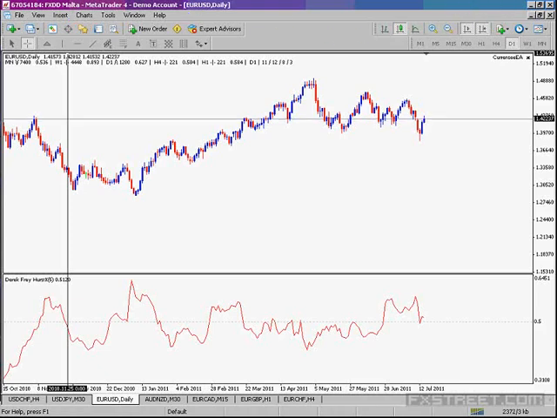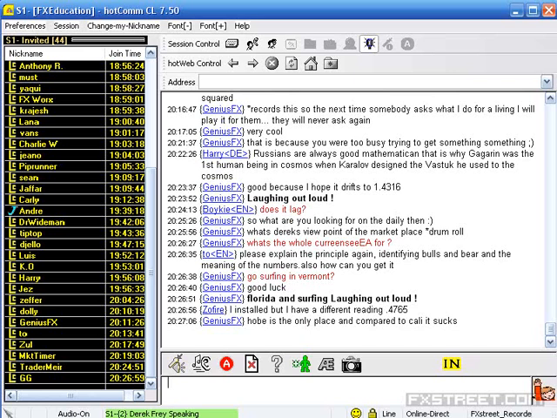But not right now. Yeah, I'm not surprised that you have a different reading. 0.4647. Forex is a decentralized marketplace, as you probably know, which means there isn't one price. Your data feed, whoever your broker is, I'm sure is different than the one this one happens to be on right now.